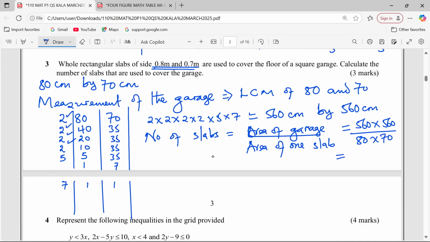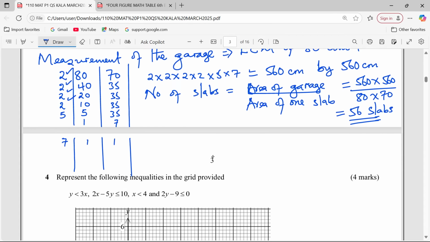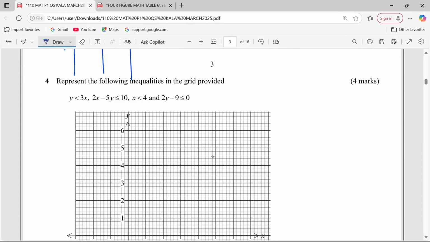So let's get the number of slabs. 560 by 560, then we divide by 80 by 70. This gives us 56 of them. So 56 slabs are involved in this case. 56 slabs.